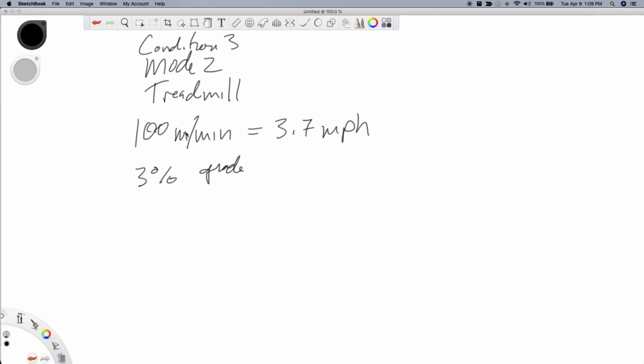So if you take 52.5 meters and you divide that by 3 meters rise per minute, because we're walking, this is 3%.